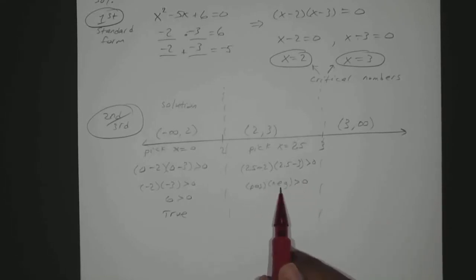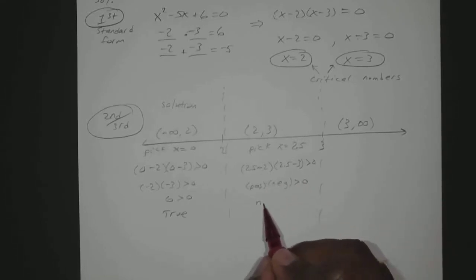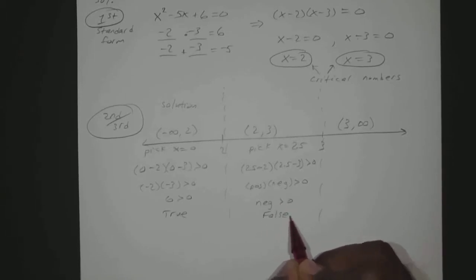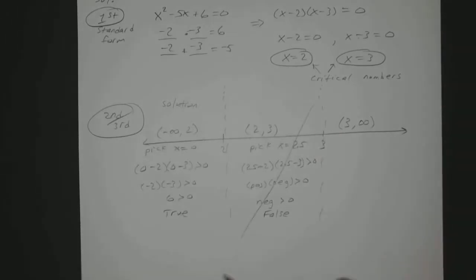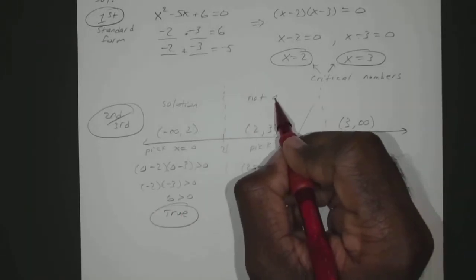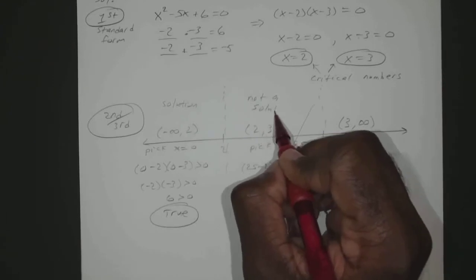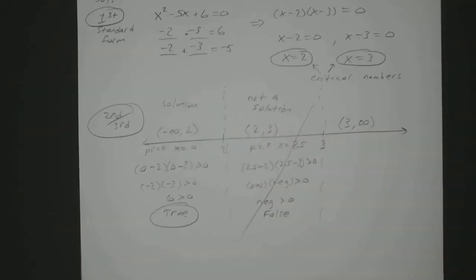A positive times a negative is going to give you a negative. So a negative greater than 0 is false. Okay, so we know just by that being false, might as well circle that. It's not a solution, or not part of the solution interval.